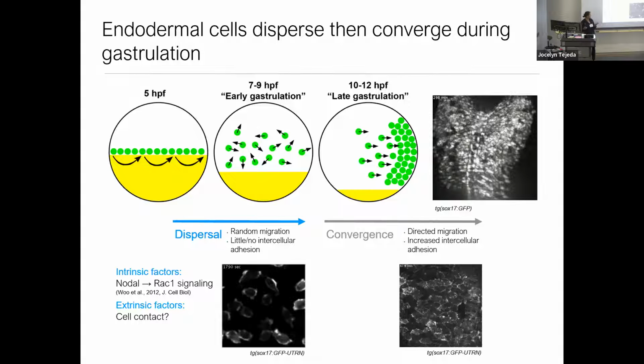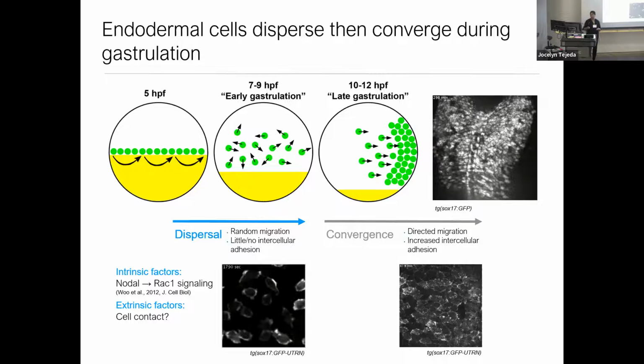So when I was a postdoc, I and some other groups showed that, again, this dispersal behavior is driven, at least in part, by this intrinsically low directional persistence that these cells have. So they tend to switch their direction of migration quite frequently.